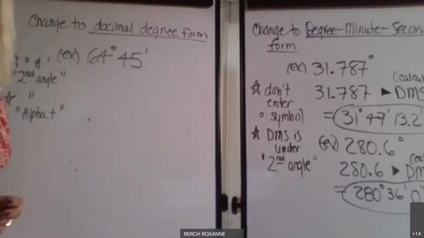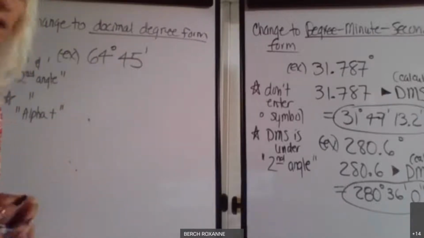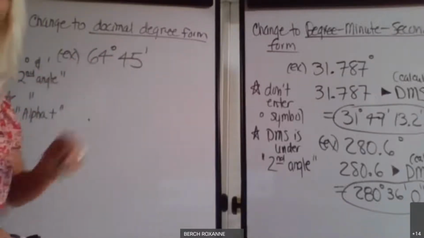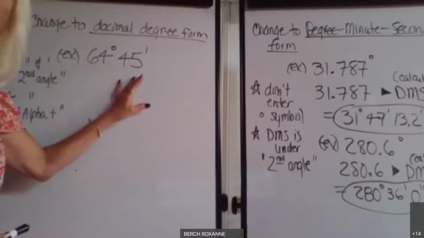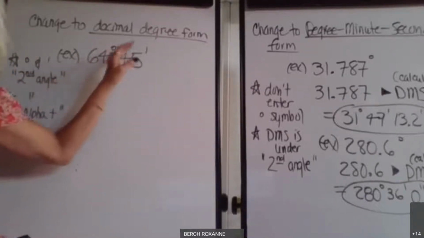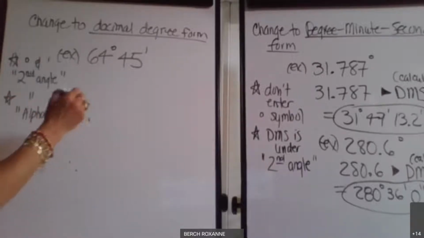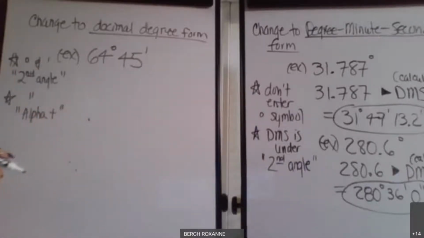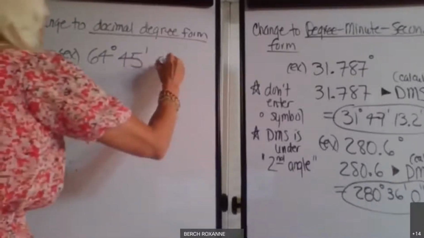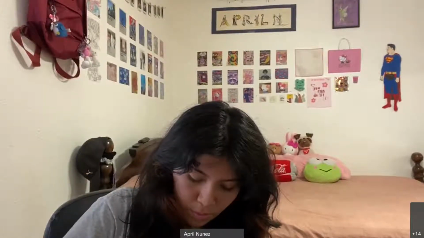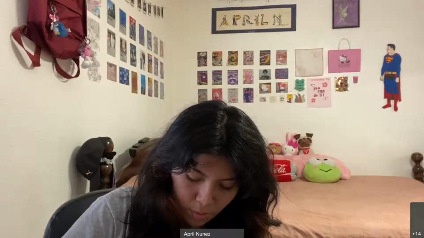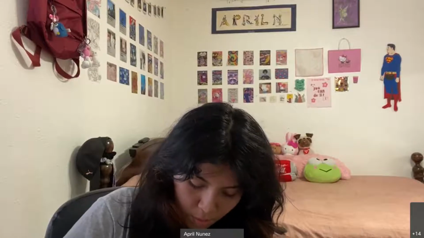All right, so here's what you're going to do. You're going to put in 64, go to second angle and put in the degrees, put in 45, go to second angle and put in the minutes, and tell me what you get. I got 64.75. 64.75 radians.